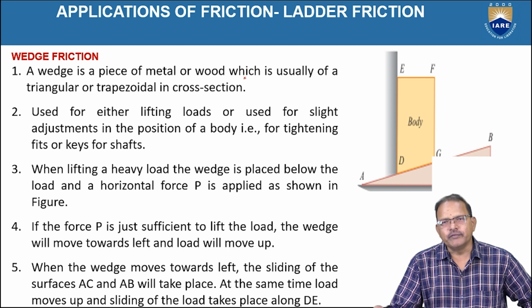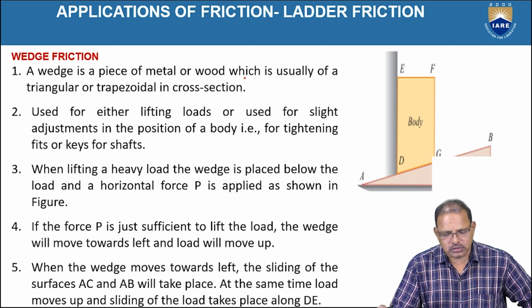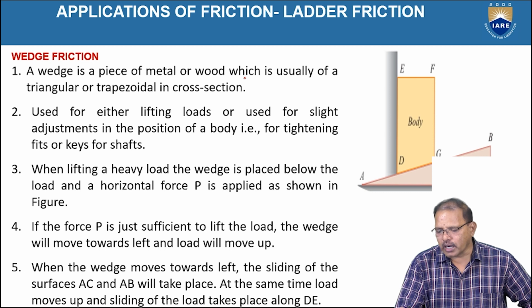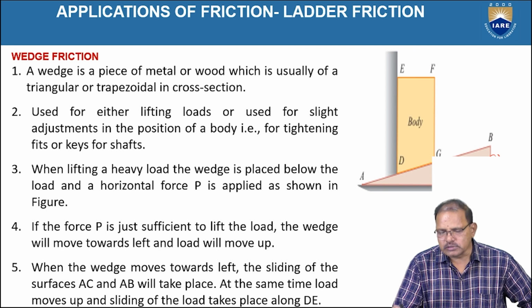While lifting heavy loads, the wedge is placed at the bottom of the load and a horizontal force P is applied repeatedly by blows, so that when the wedge moves toward the left-hand side, the load moves in the upward direction.